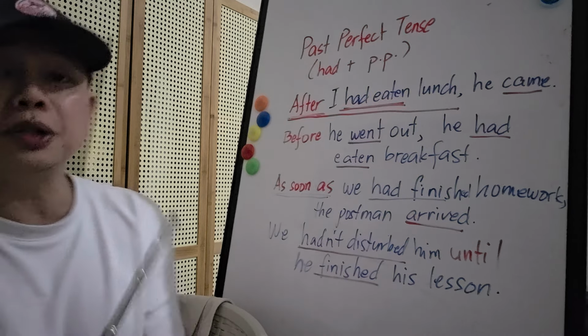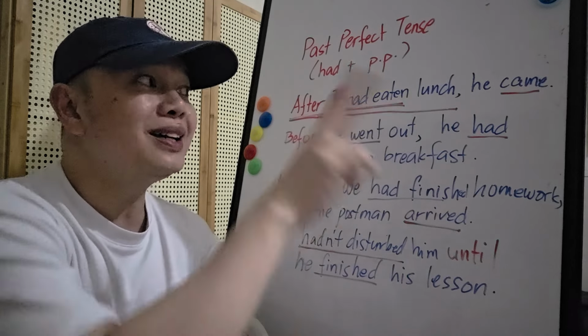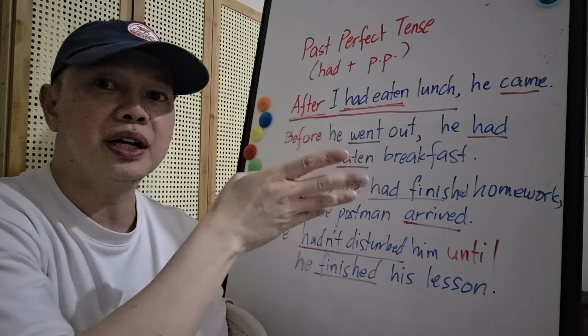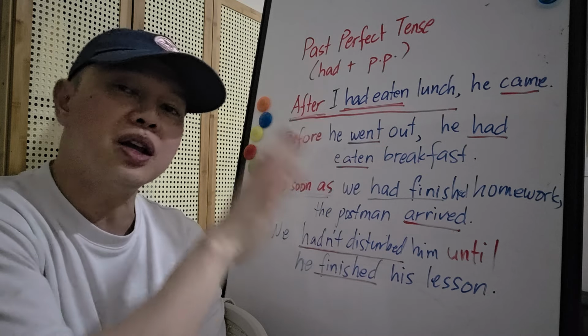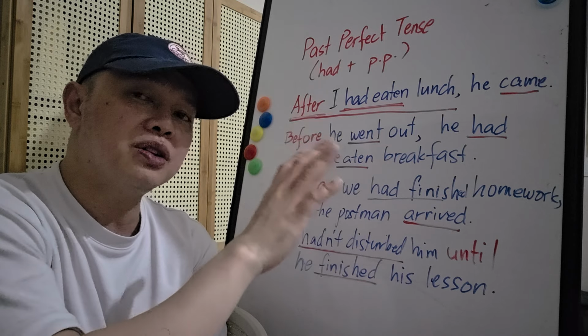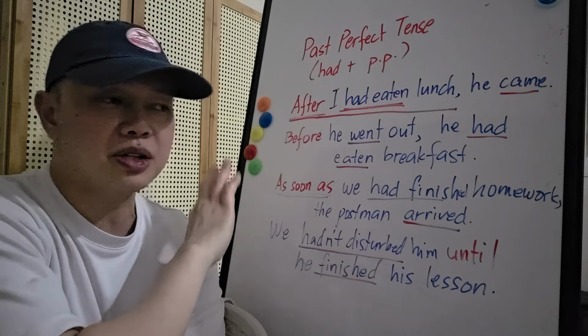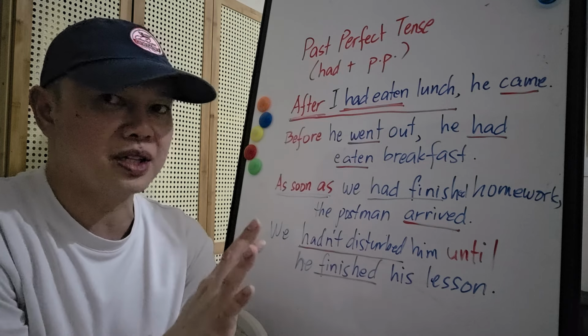All right, now another point. You can actually interchange how you write your sentence, whether you mention first the first action, or you mention first the second action. It actually doesn't matter.